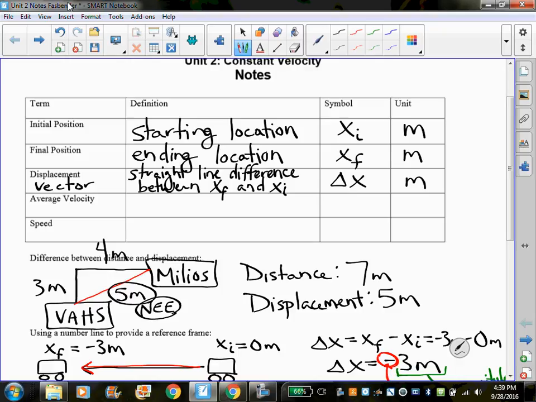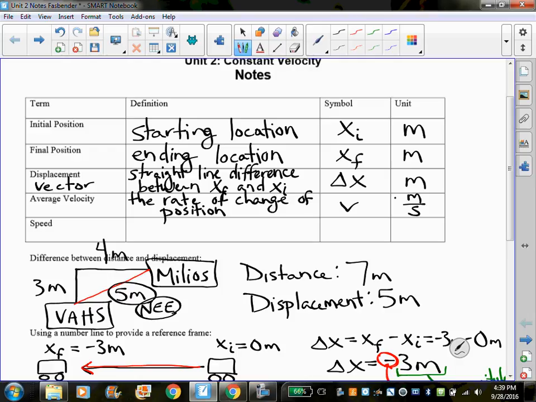Let's continue these definitions with velocity and speed. So velocity is the rate of change of position. We're going to use the lowercase letter v to symbolize velocity, and velocity is measured in meters per second, right?